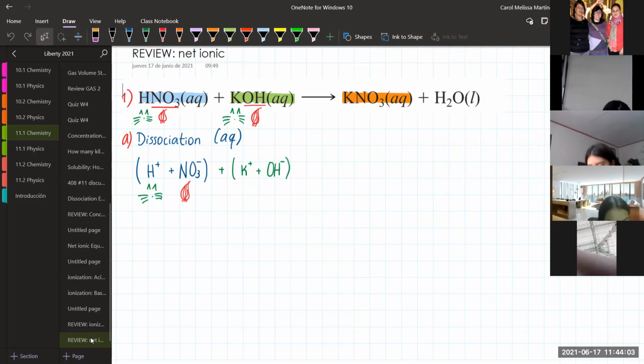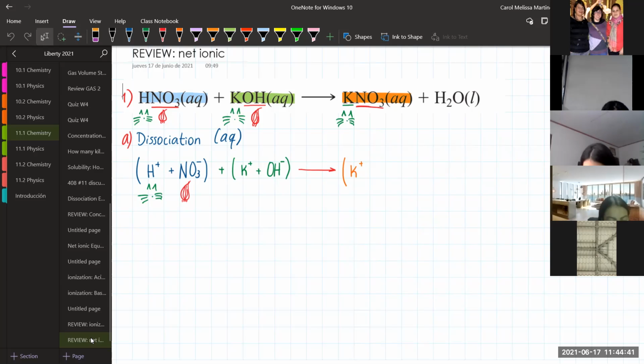When we finish, we're going to continue with the products. In the products, we have KNO3. K represents the cation because it's the metal, okay? So this cation, potassium, you're going to write it as K plus, and it is combined with the rest, that is NO3.